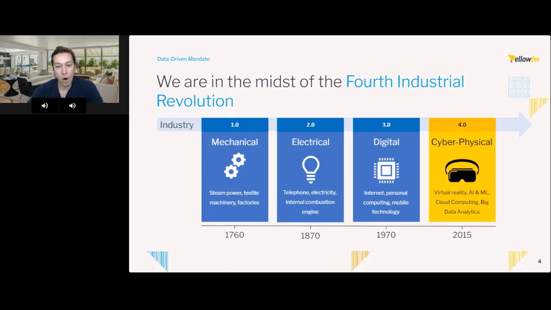But all this is to say that this is all powered by data at the end of the day. So data is a secret ingredient of the fourth industrial revolution. It's the fuel for this revolution. None of these things would be possible without collecting and consuming data.